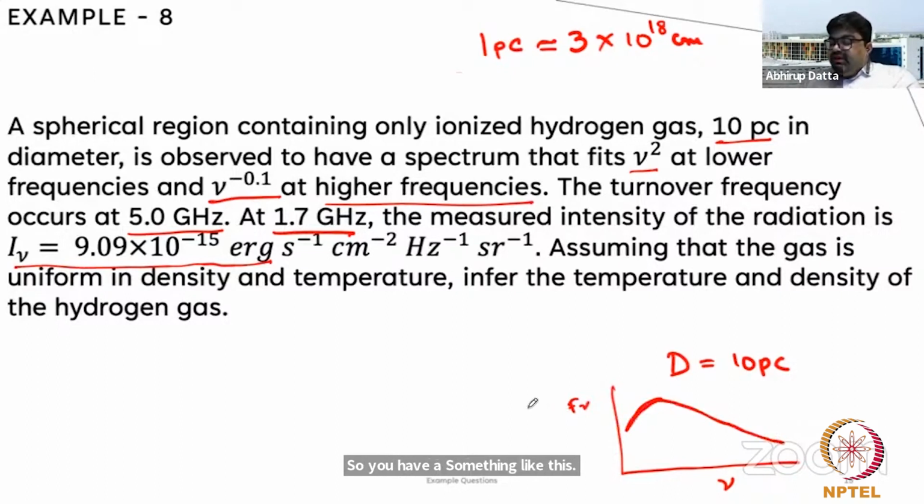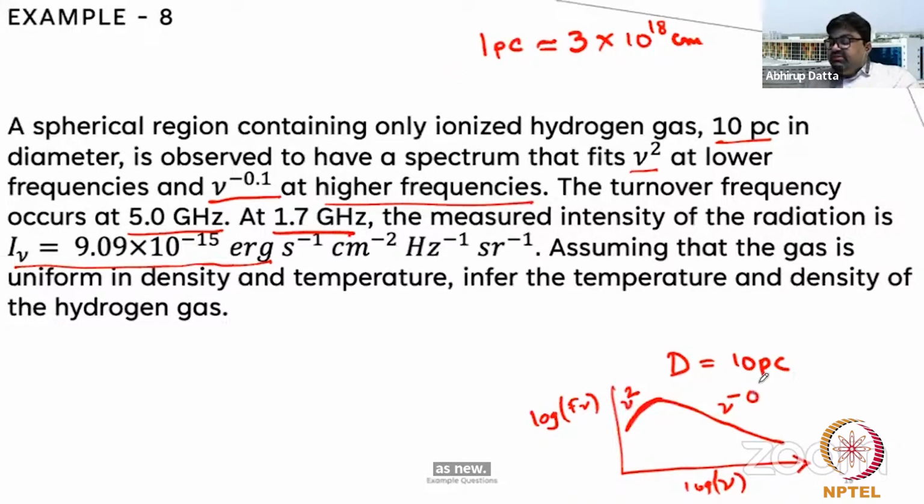If we have log of F nu versus log of nu, we have roughly nu squared. So as nu rises, this also rises, and this is inverted because as nu rises, this spectrum falls. This is about nu to the power minus 5.